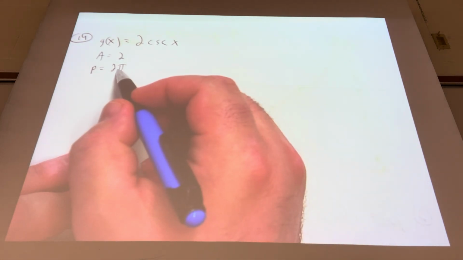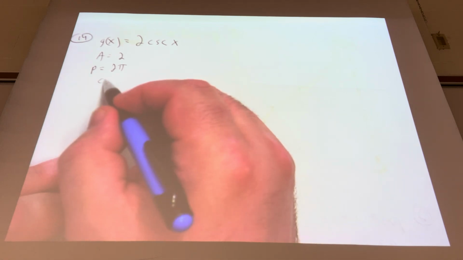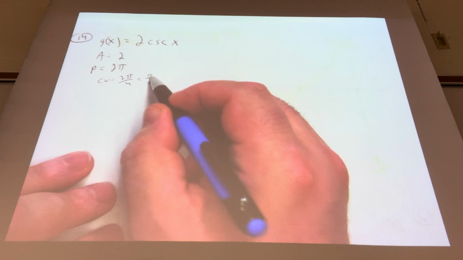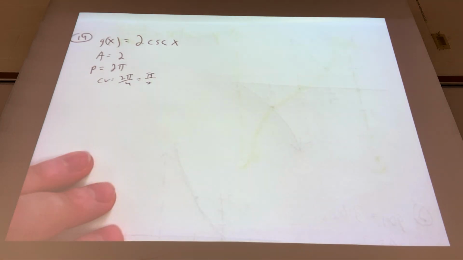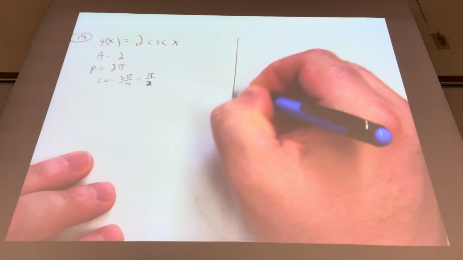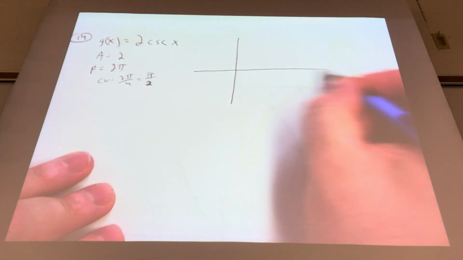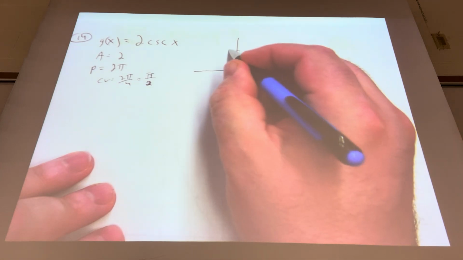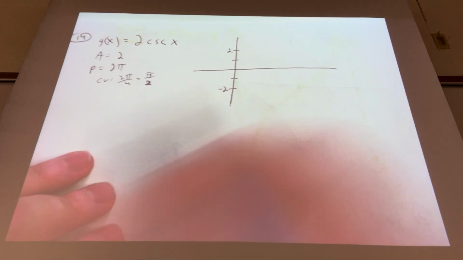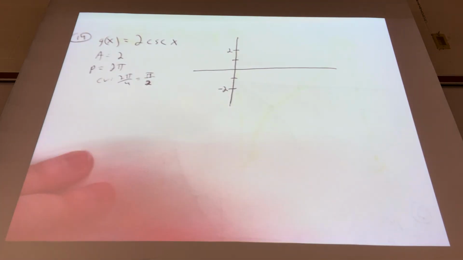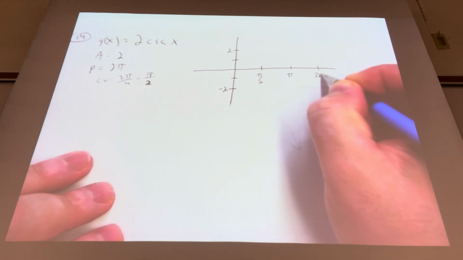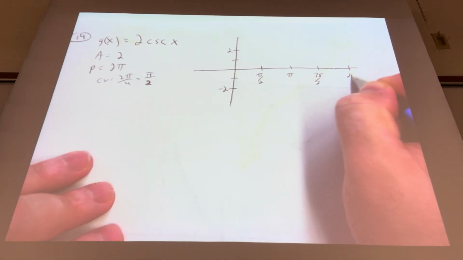Now, on this part, we're going to take our critical values, or 2 pi divided by 4, which is every pi halves. So we have our 2, negative 2. Once again, pi halves, pi, 3 pi halves, 2 pi.